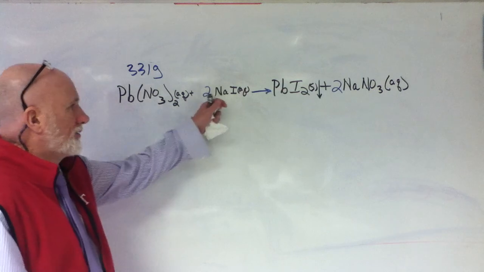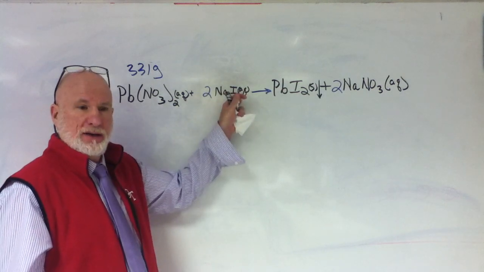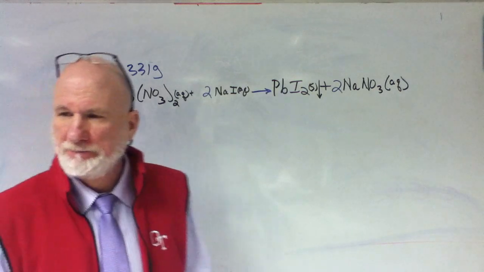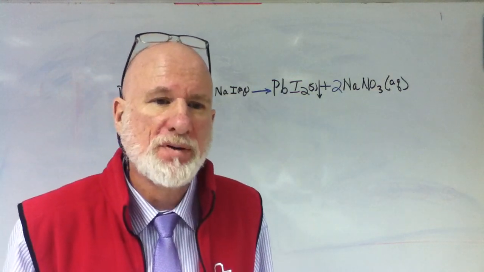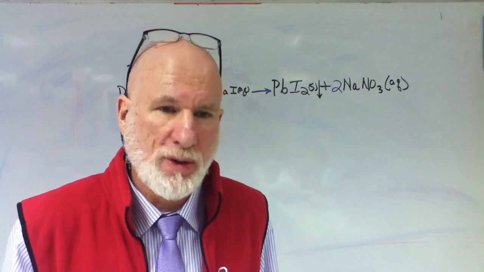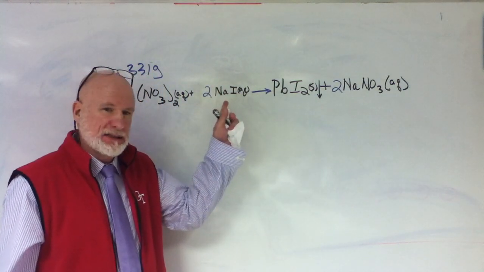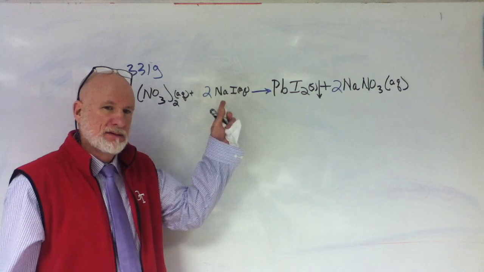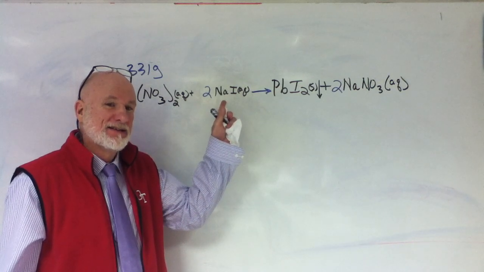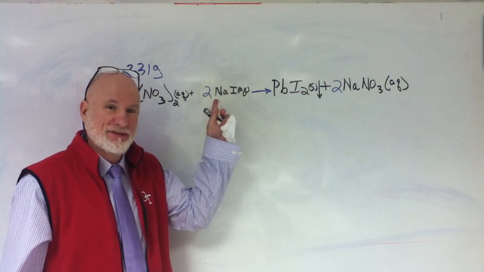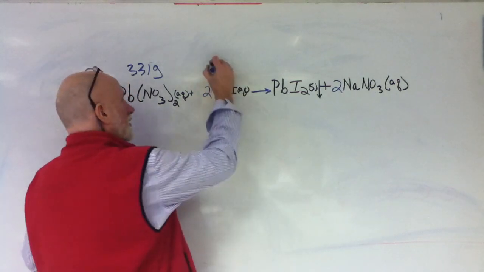Okay, what about 23 and what is iodine? 127. So 23 and 127 is? Simon, are you okay today? 150, good, times 2. 300.